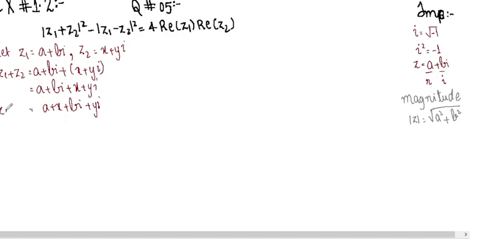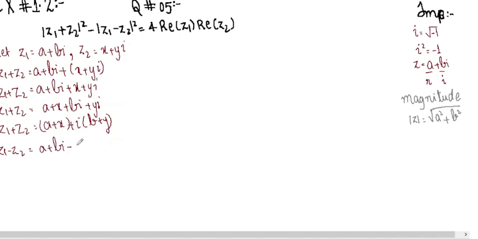Now z1 plus z2 equals a plus x, which is the real part, plus iota into b plus y. Similarly, we have to find z1 minus z2, which is equal to a plus b iota minus x plus y iota, that is a plus b iota minus x minus y iota.